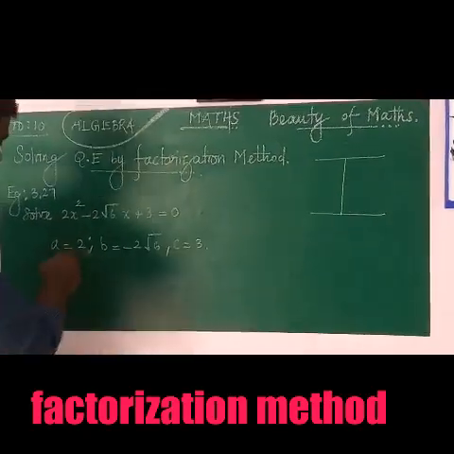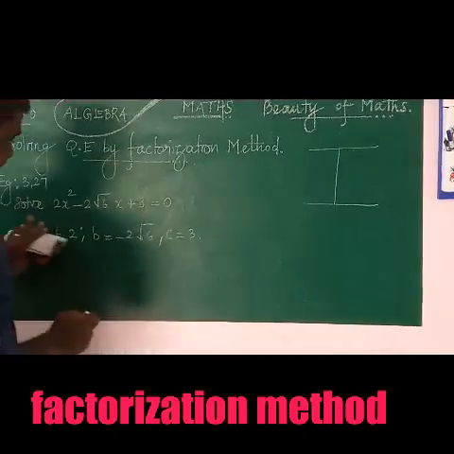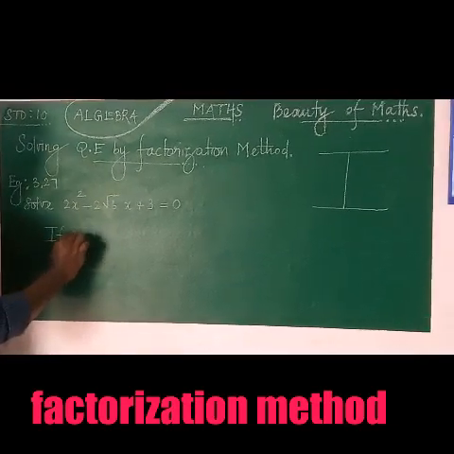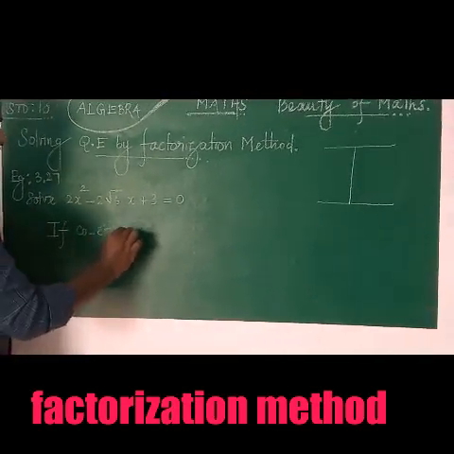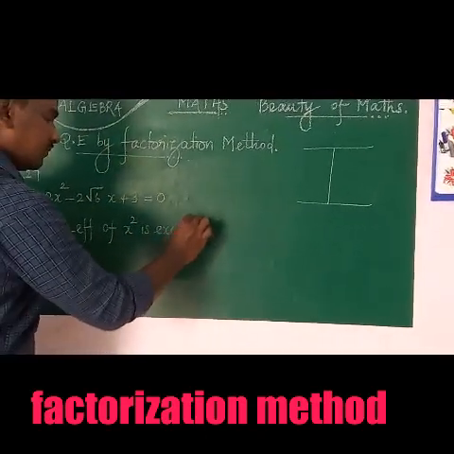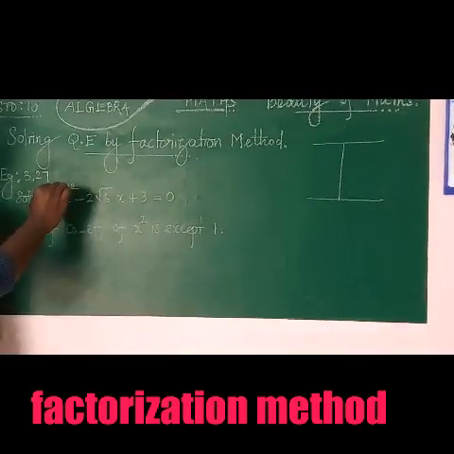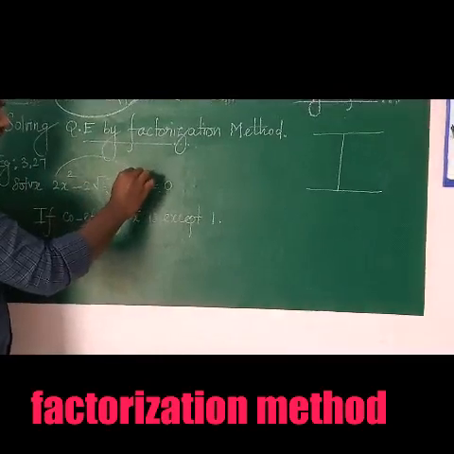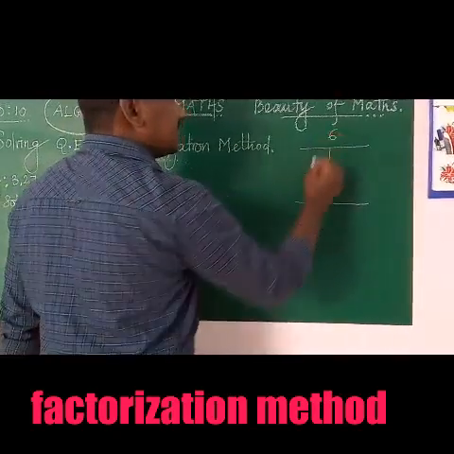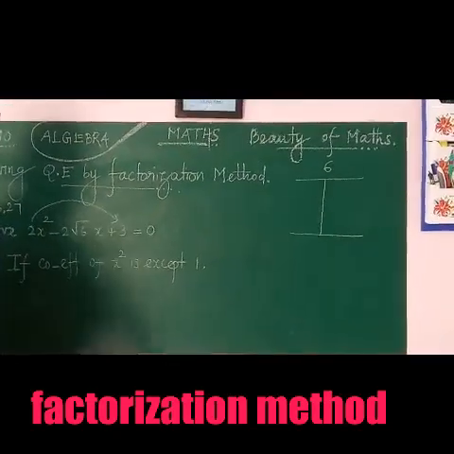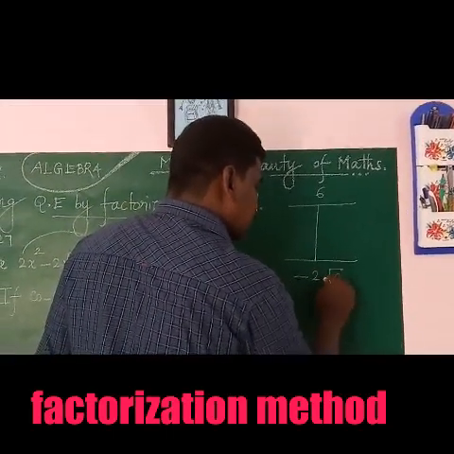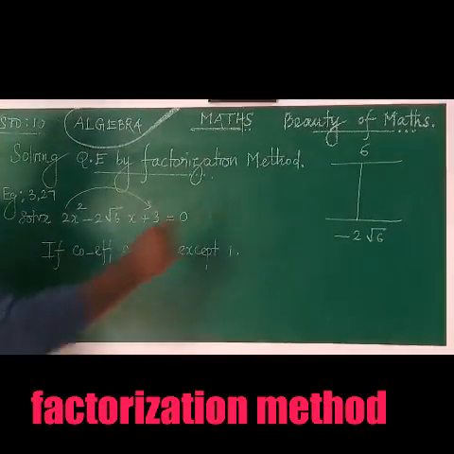Before that, if the coefficient of x square is not equal to 1, we have to multiply the coefficient of x square by the constant term. So 2 into 3 gives 6. This is the product of the two numbers, and this coefficient of x, that is minus 2 root 6, is the sum of the two roots.